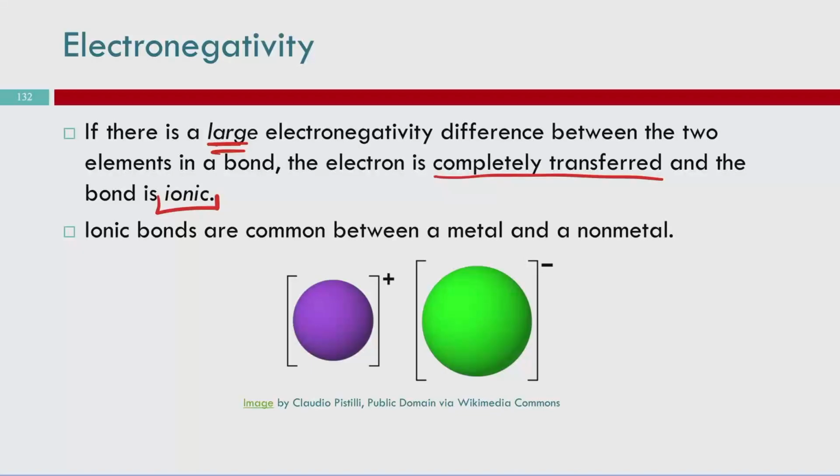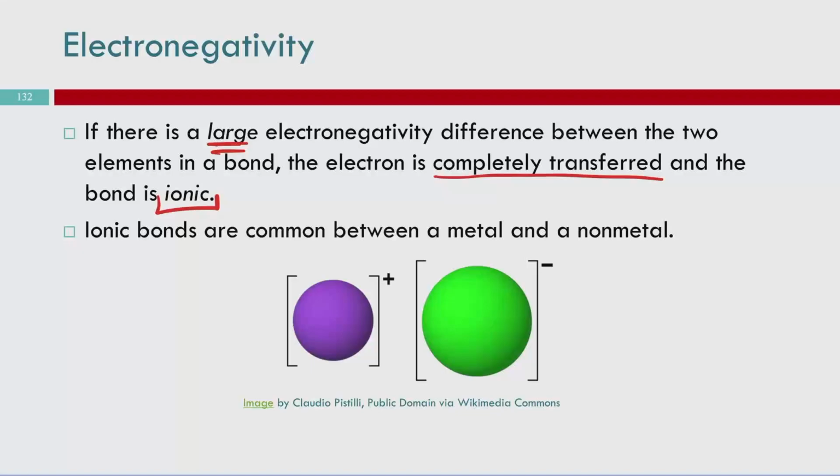Where else have we seen the word ionic in the chemistry class? Nomenclature? What kind of things make ionic compounds? A metal and a nonmetal.